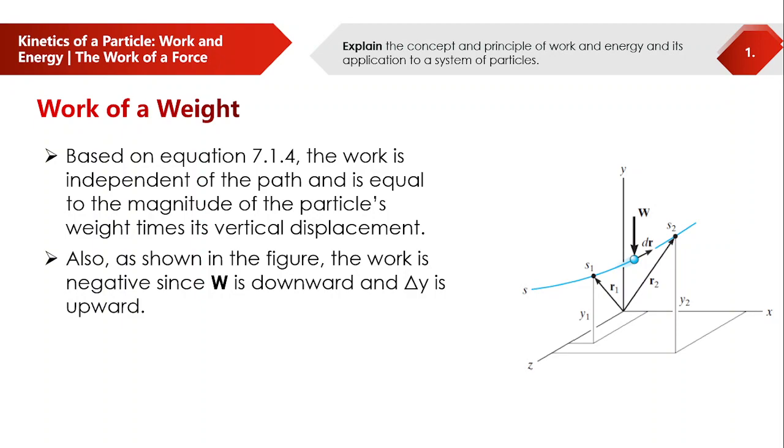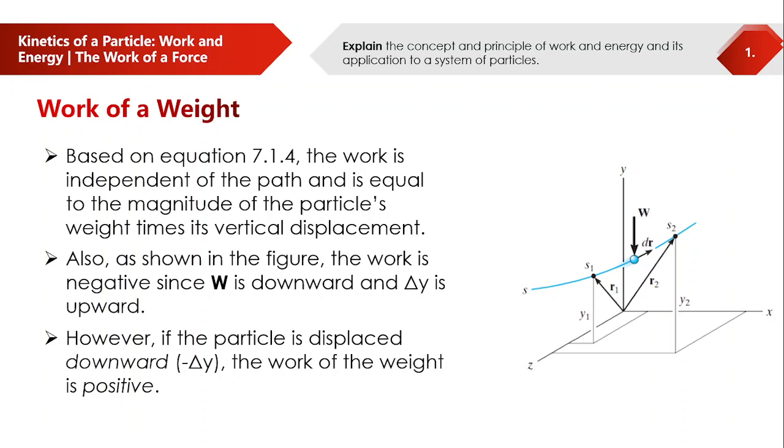Kasi nga, dito sa figure natin, opposing yung directions ng force tsaka yung displacement ng particle. So therefore, magiging negative din yung work natin as we defined kanina. What is work now? However, if the particle is displaced downward, negative delta y, the work of the weight is positive.